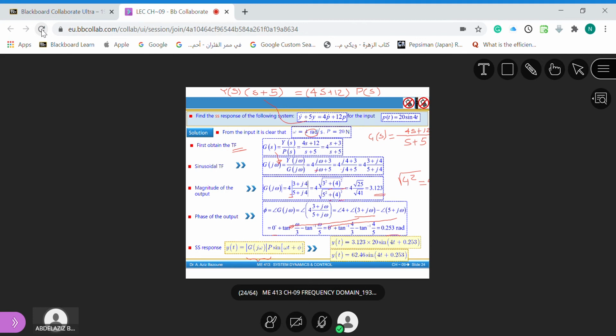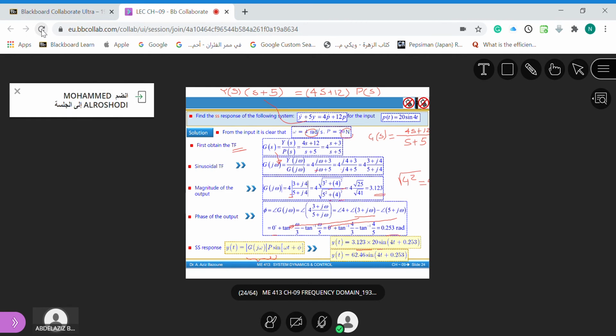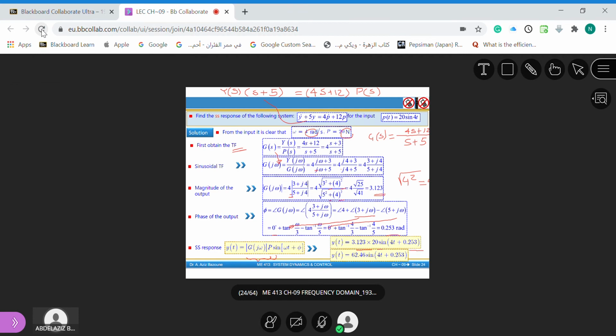So now your output response will be the amplitude of the sinusoidal transfer function multiplied by the amplitude of the input, times sine omega t plus the phase. The amplitude of the transfer function we found is 3.123, and the amplitude of the input is 20, as given. Times sine omega t is the same, plus 0.253, which is the phase we have found.